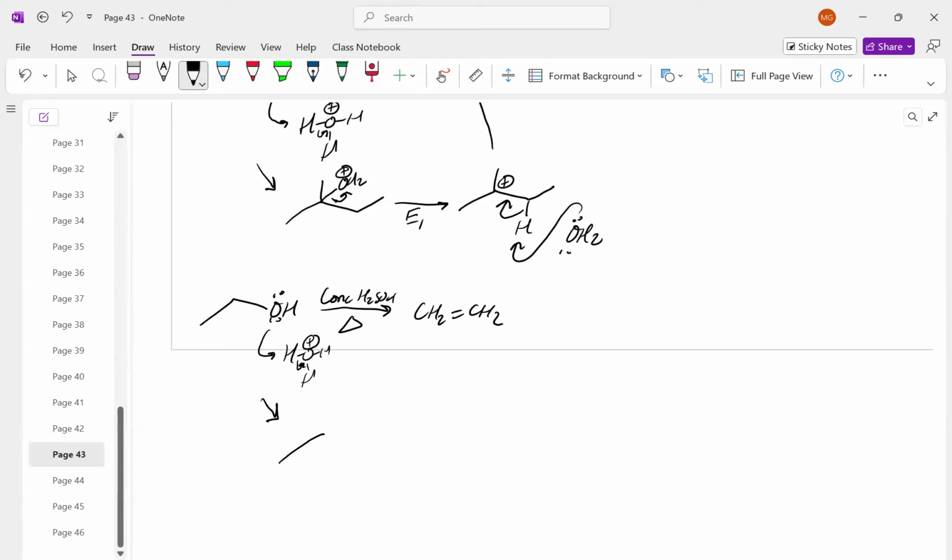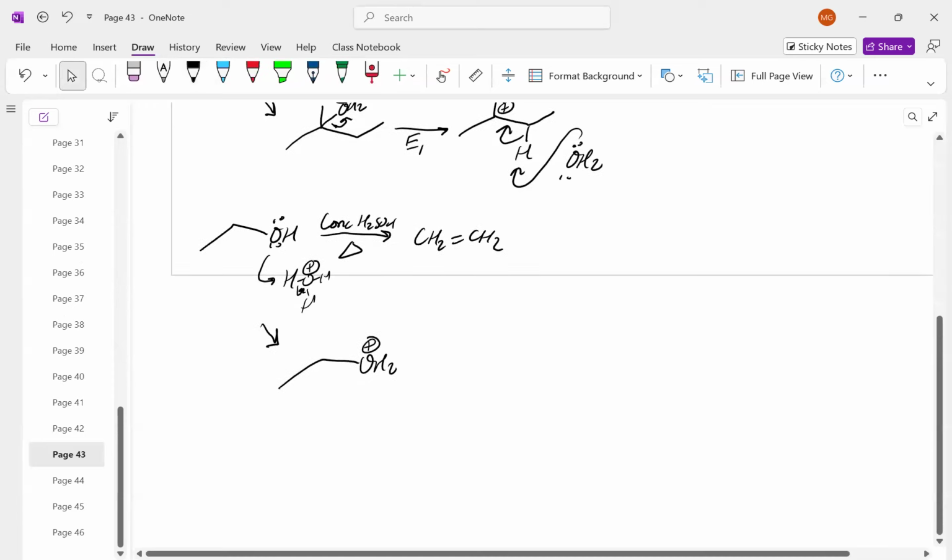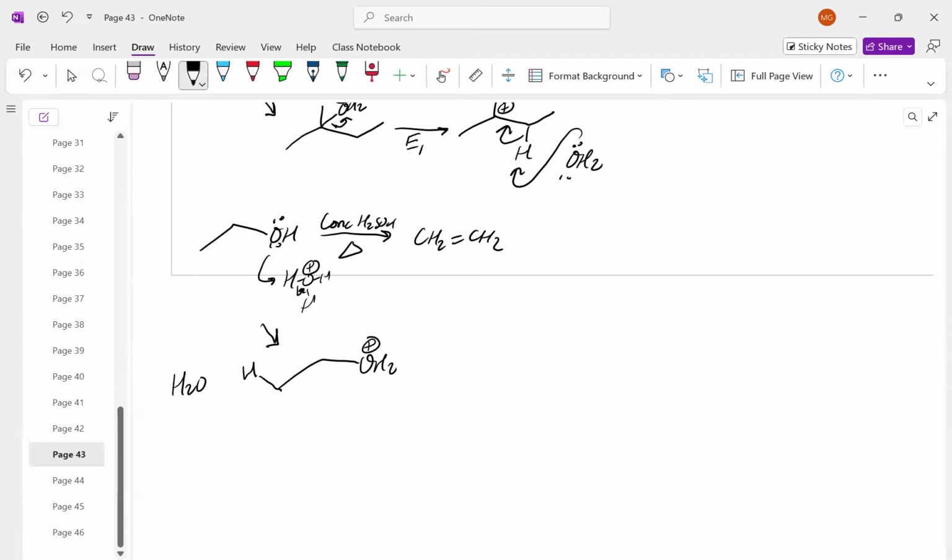We'll make that OH a good leaving group. And we're going to, in this case, do an E2 elimination. You say, wait a second, doesn't that require a strong base? Most of the time, yes. But this is going to be very, very slow because we have a weak base, which is why it requires a lot of heat.